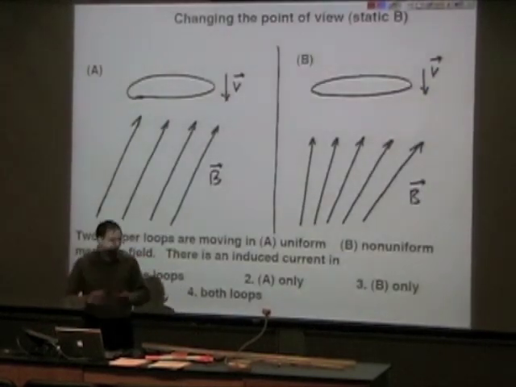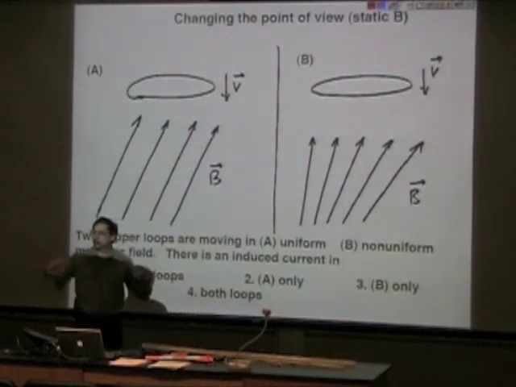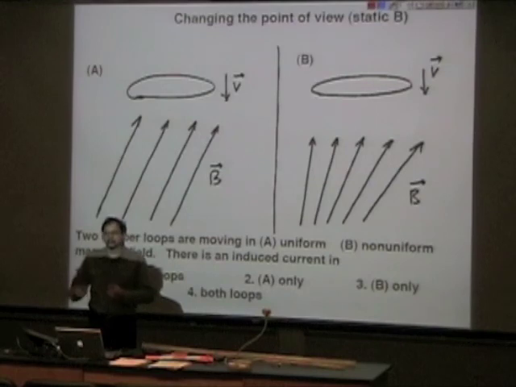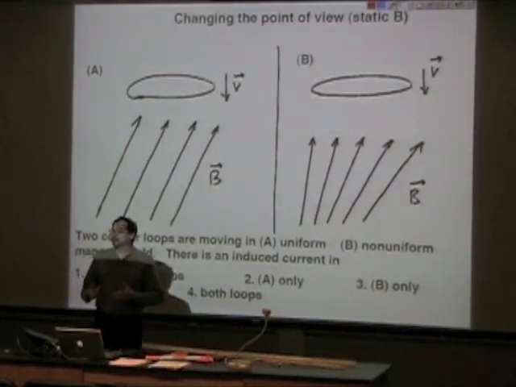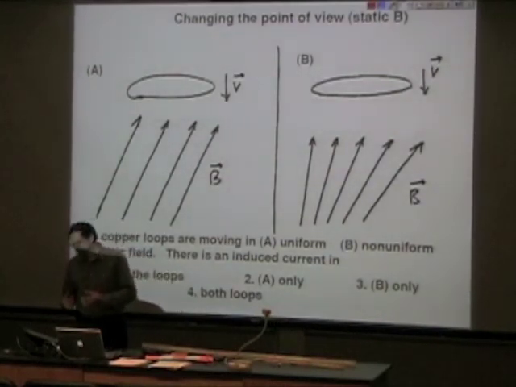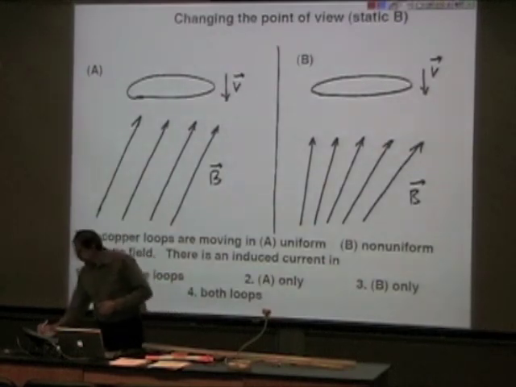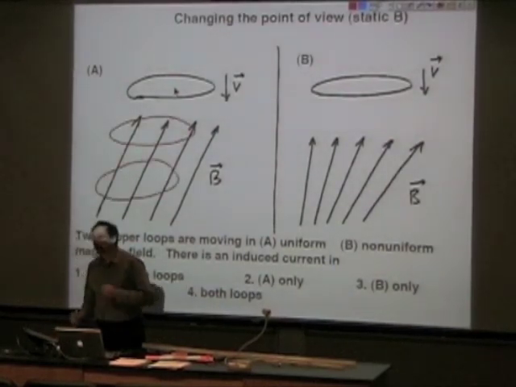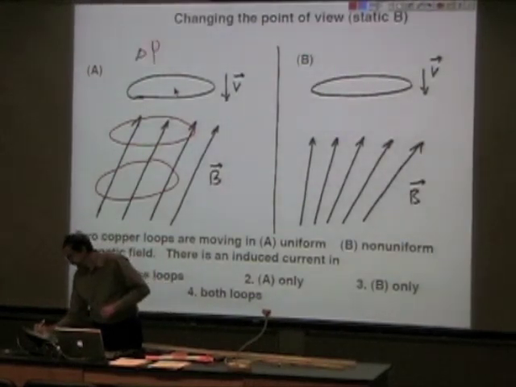And the last thing to mention, remember I've been moving a coil instead of a magnet. So it doesn't really matter how we change the flux. In this situation, number one, the magnetic field is uniform. So when the loop is traveling like this, the flux stays the same. There is no flux change.